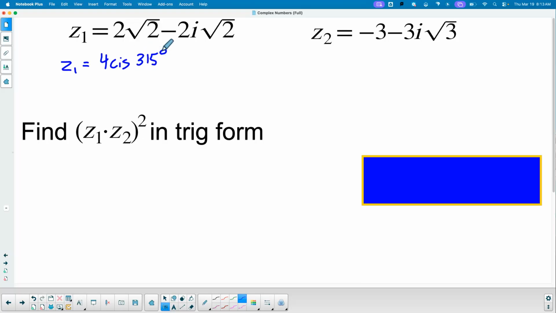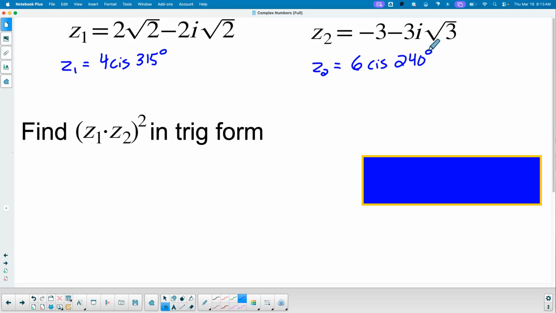Do we agree with that? Yeah. Okay. Z sub 2 in terms of trig form would be 6 cosine I sine of negative reference angle is 60, 240 degrees. Agree with that? Yeah, okay.